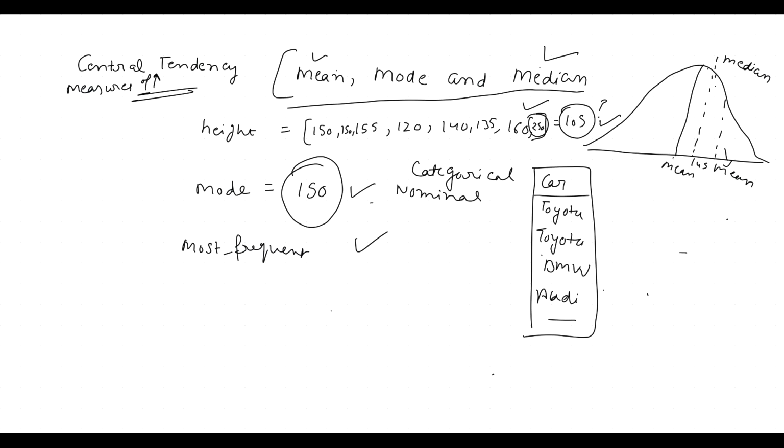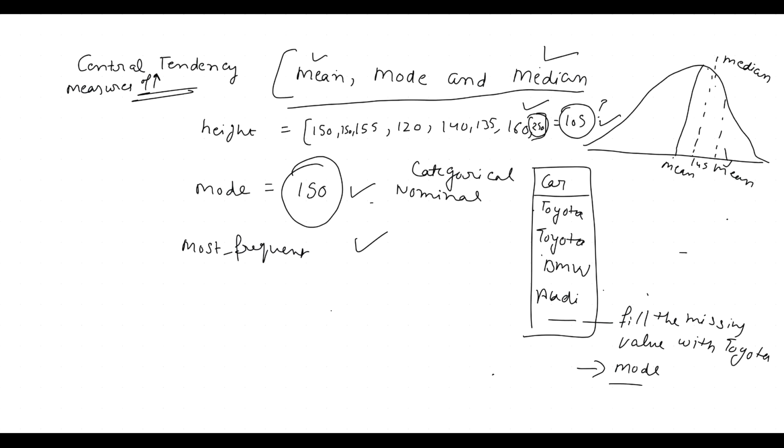Which category is occurring most of the time in this feature? Toyota. So you are going to fill this missing value with Toyota. What methodology have you used? Mode. So this is the use of your mode.